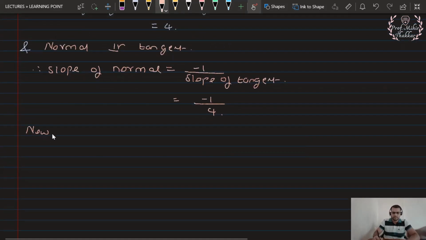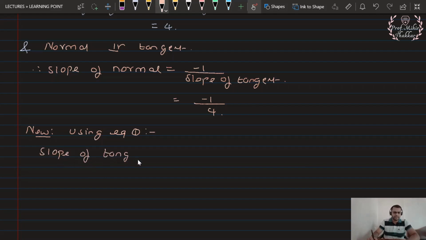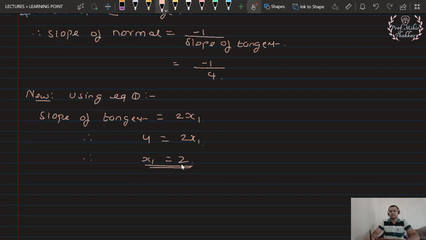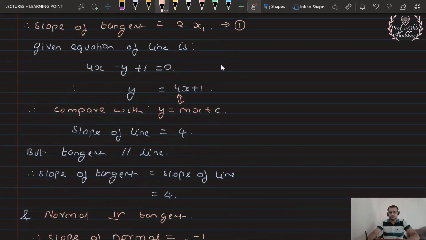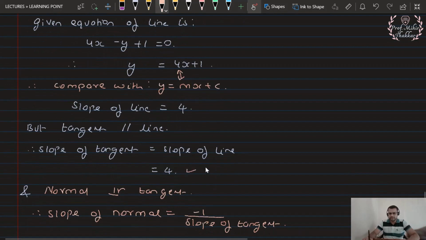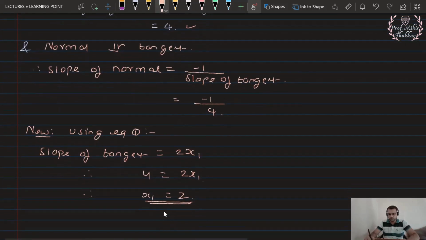Now using equation 1, slope of tangent, which was equal to 2x1, I can now write over here 4 is equal to 2x1, therefore x1 is equal to 2. See, we are using this equation over here, 2x1, which is the slope of the tangent, and we have found out that the slope of the tangent is 4, so we are equating these both values over here.